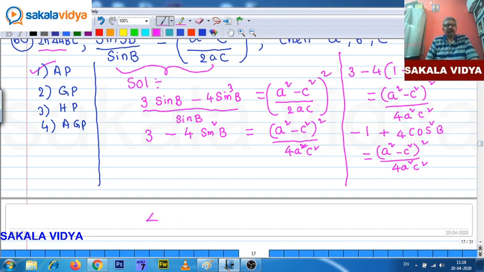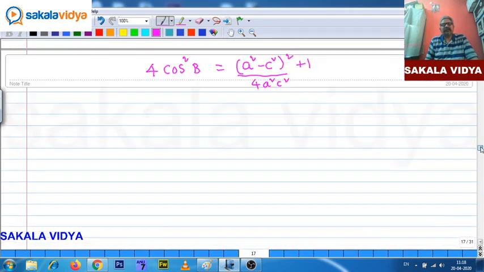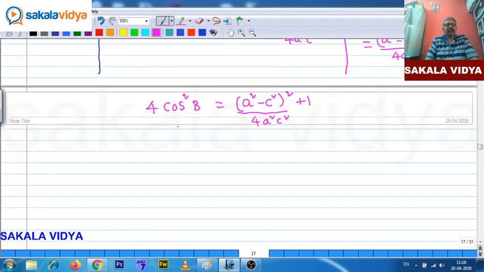So 4 cos square b becomes a square minus c square whole square upon 4a square c square. Minus 1 goes to that side, that becomes plus 1. Now I will go to the next page for clarity. Let us do it clearly.